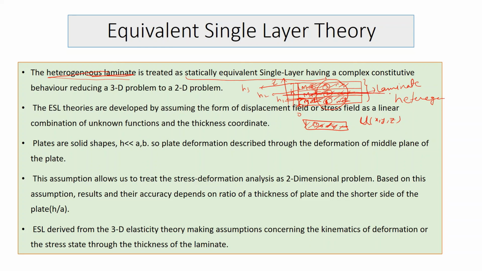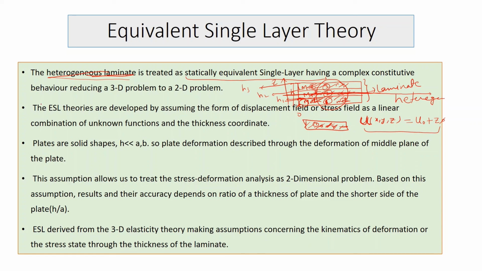We assume this because we are considering very thin plate structures, so we take it as a single lamina, u of x, y, z at the mid plane. Then we consider u naught, the displacements along the mid plane, the in-plane displacements, plus z times the field variables phi or something. We will see how we will derive it. So in this way we will consider.